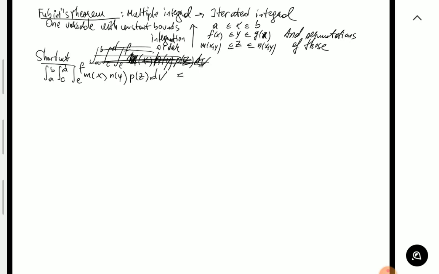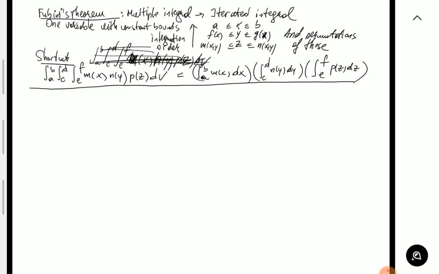Only in this case, again, constant bounds and this type of factorization, then the iterated integral splits into a product of integrals in x, y, and z. Like that. Okay, so in a nutshell, that's the gist of Fubini's theorem.